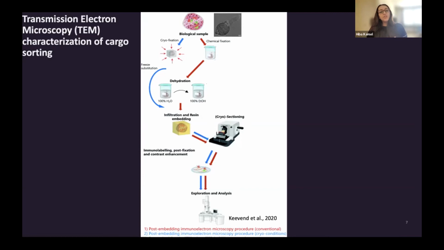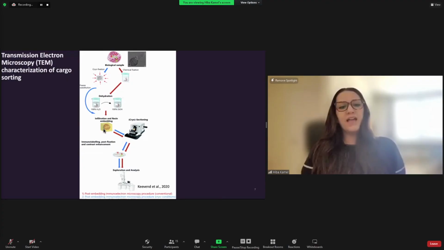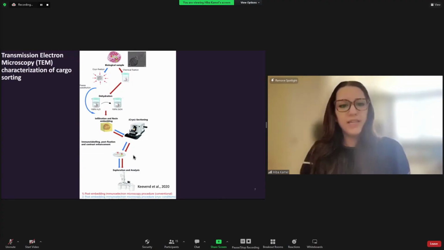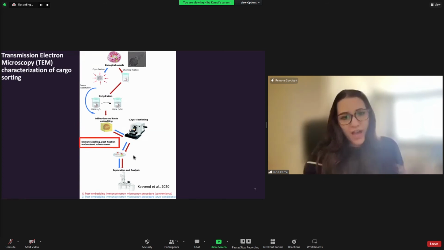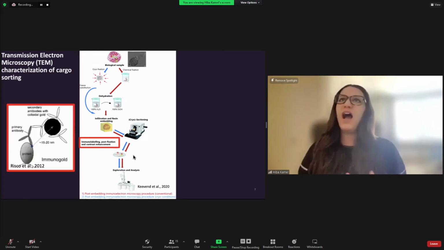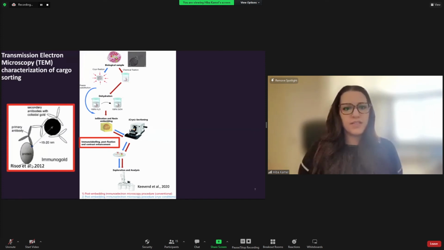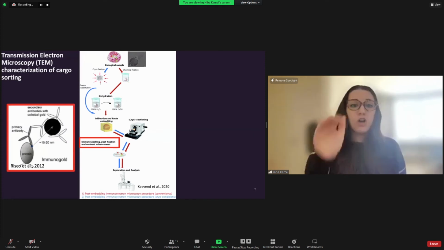Then you cut ultra-thin sections of that sample with a very sharp diamond knife. Then you immunolabel those little sections, which works no differently than how your body fights off some viruses: it makes antibodies to target them.